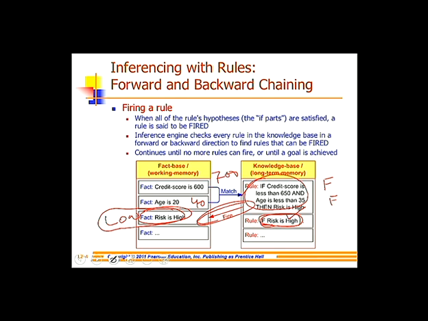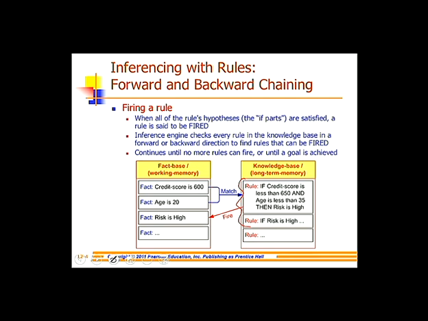We keep doing this till all the rules are exhausted and we have no more rules left in the knowledge base, or till the question is answered or the goal is achieved. Based on the facts for the current problem, we see which rules can be executed, those in which the facts in the if part are known.